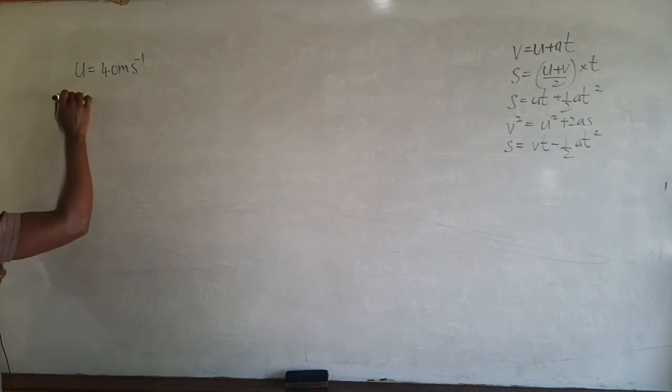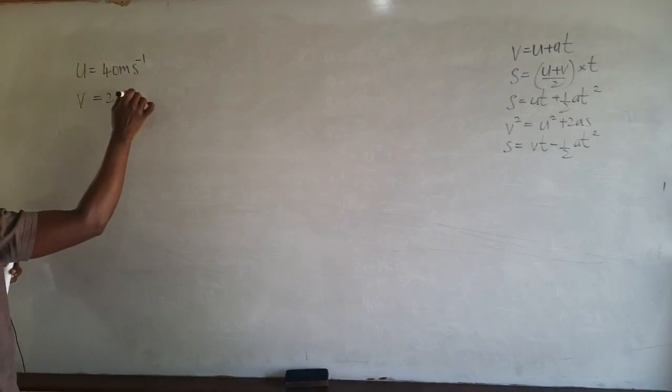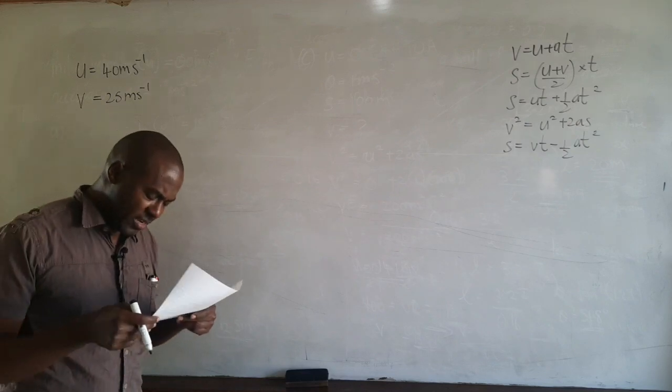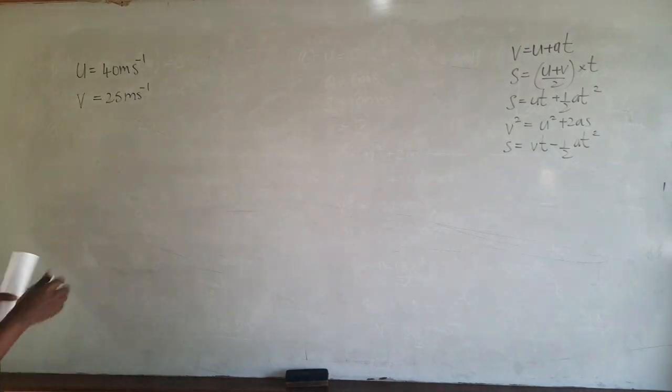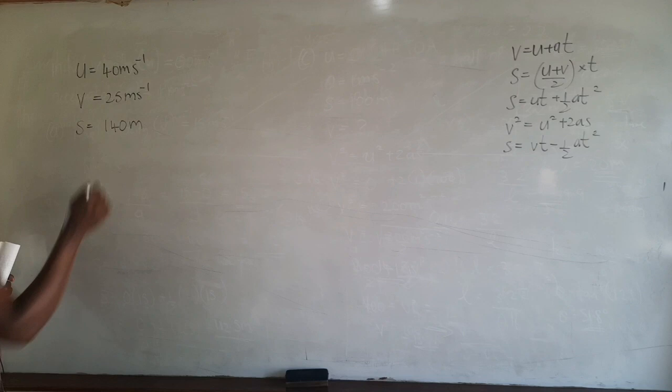So we let our final velocity v equal 25 meters per second. And we're told that this occurs over a distance of 140 meters. So therefore s equals 140 meters.